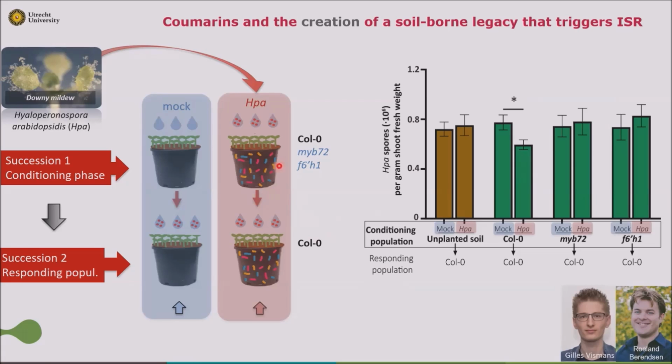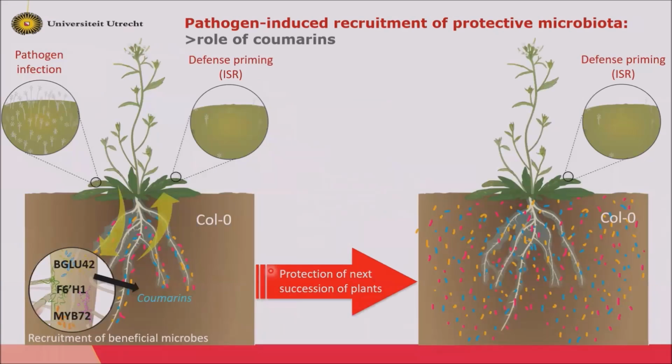But if you do the same experiment with coumarin mutants in the first generation, from which we know that this does not lead to a shift in the microbial community, and you grow wild-type plants in the next generation on those conditioned soils, you don't see enhanced protection against the downy mildew pathogen, as you can see here. So from this, we conclude the following.